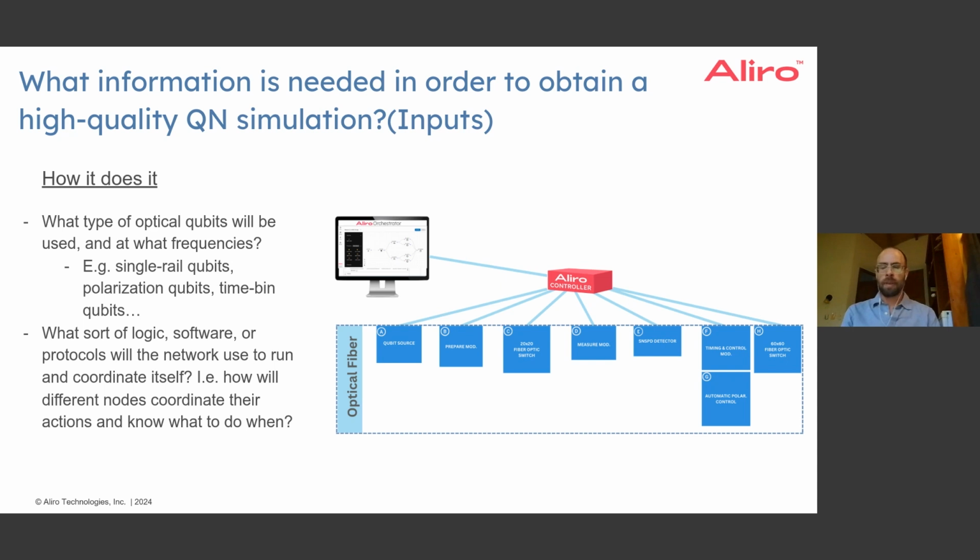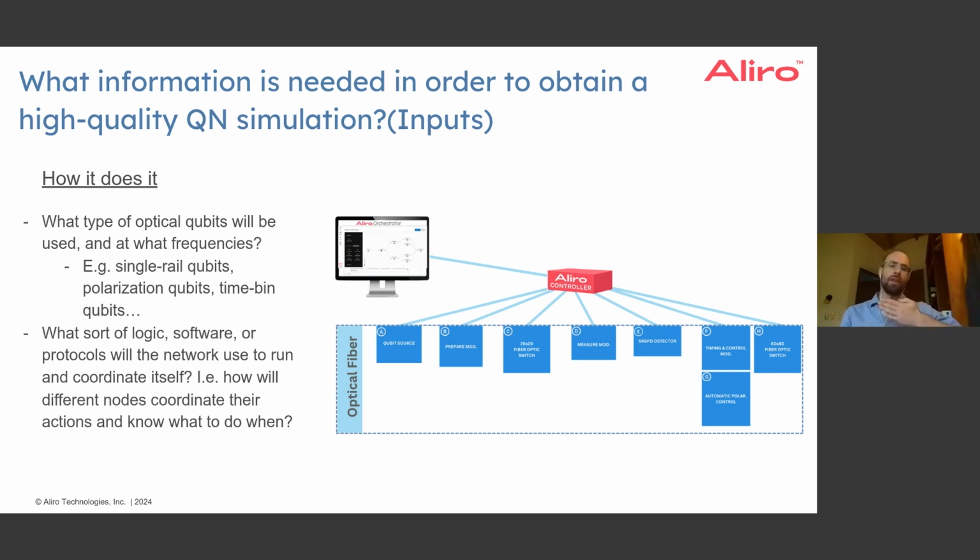It has its own challenges, and oftentimes we like to go towards some sort of dual rail type of qubit, which means we have always one photon, but various aspects of that photon can vary. For example, we can store the 0, 1 information into the polarization of the qubit, or in the timing of the qubit.